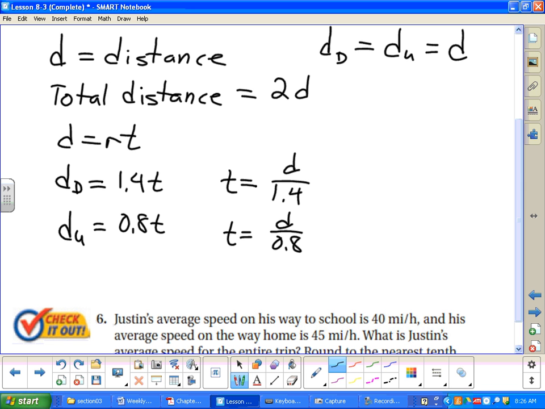Let's say it took us 5 hours to get there and 3 hours to get back. But if we took our total distance and divided by the total time, we would find the average speed for the whole trip. So what we have to do then is take the total distance and divide by the total time.